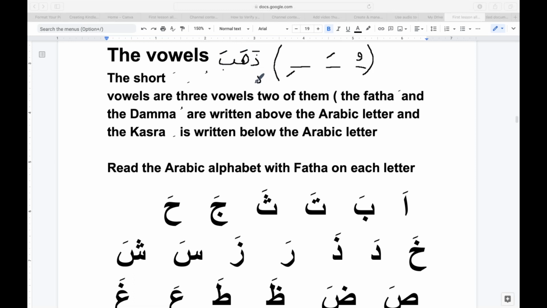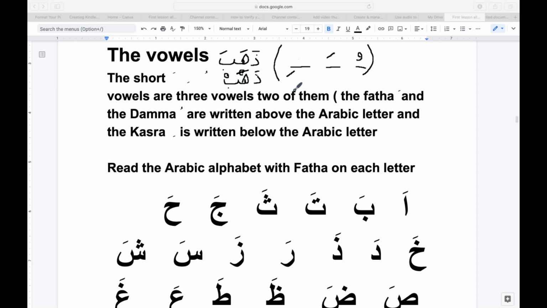But the word ذهب, I'm sorry, there's a sukun here, ذهب, it means gold. So you see it's the same consonants, just instead of fatha here, I have sukun, ذهب. It means gold.